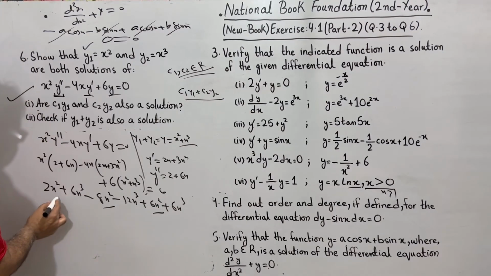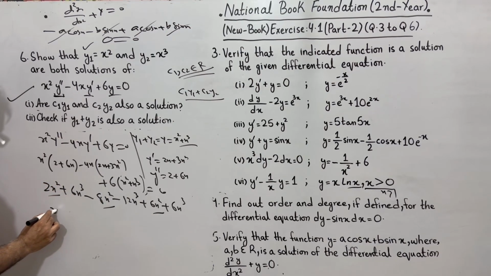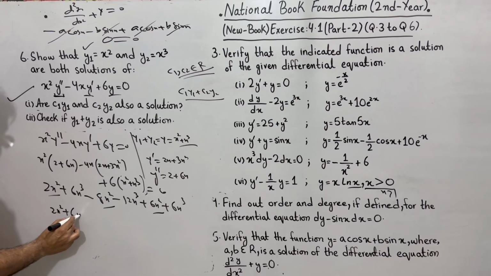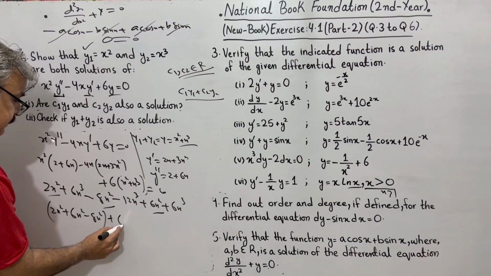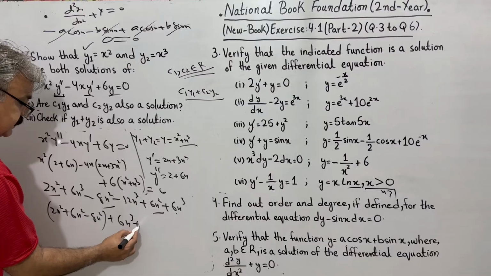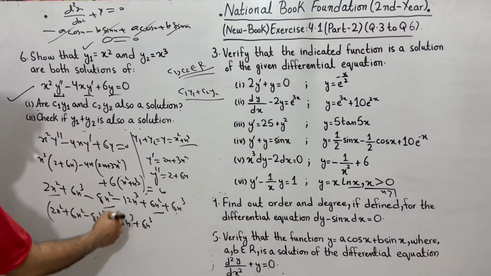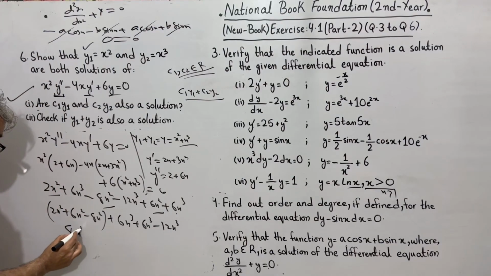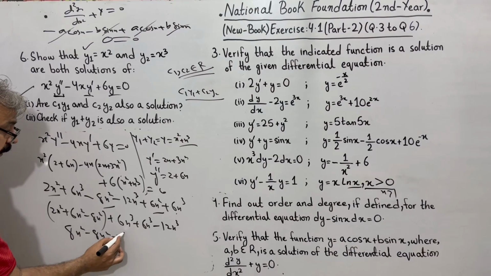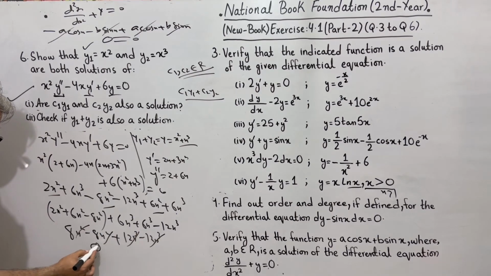Look at the square terms, 2 and 6, it will become 8 and negative 8. 2x square plus 6x square minus 8x square. Collecting the like terms, square terms having cube, 6x cube plus 6x cube and this negative, 12x cube. Negative 12x cube. Now it will become 8x square minus 8x square, 12x cube minus 12x cube, cancelled out.